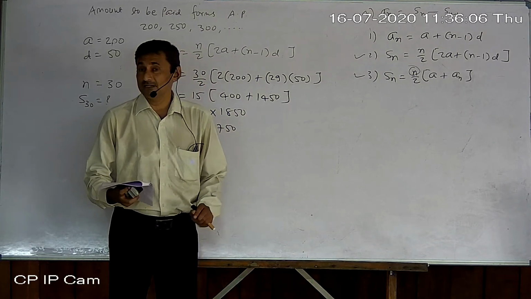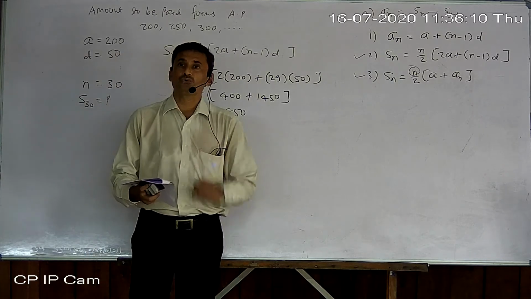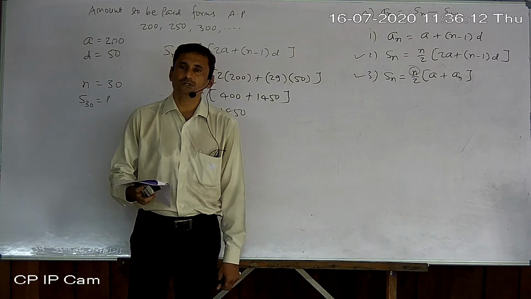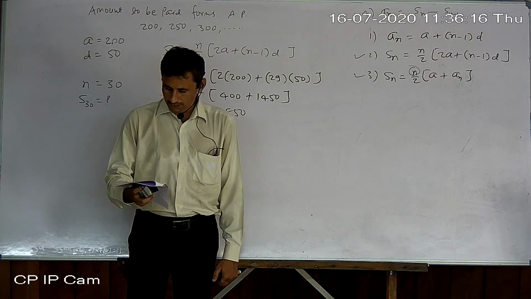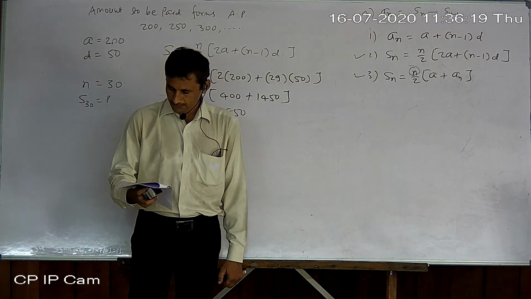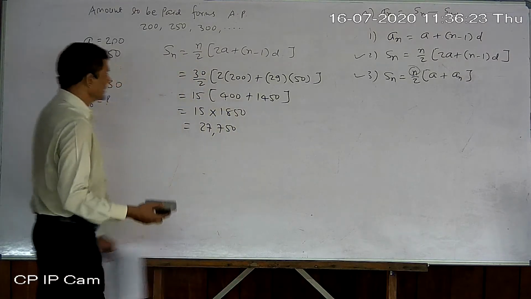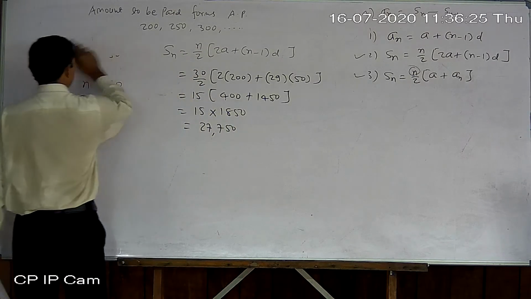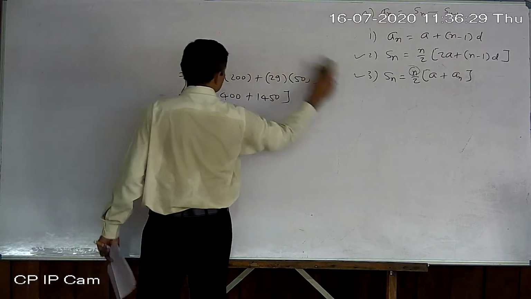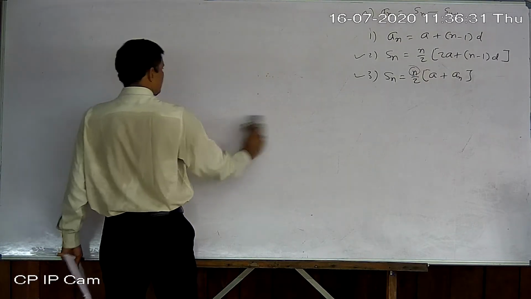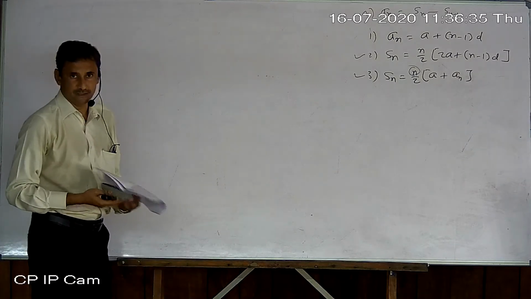The first prize we don't know, but we know the total of all the terms. We have to find the value of each prize. If you find any one, then you can find the remaining also. But here the first prize is not given, so A is missing.